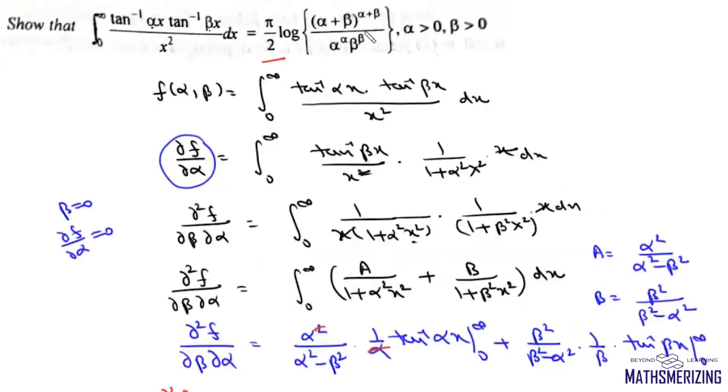Pi by 2 log alpha plus beta to the power alpha plus beta upon alpha to the power alpha beta to the power beta.